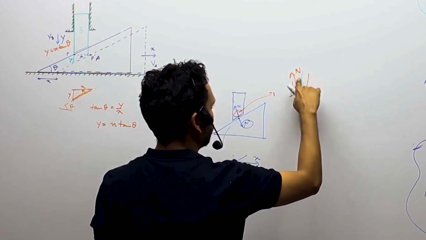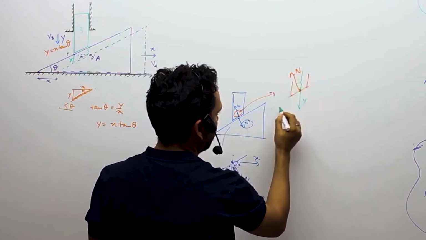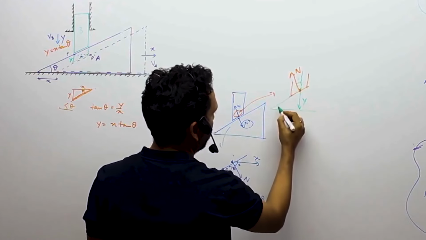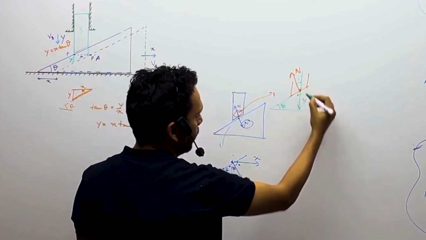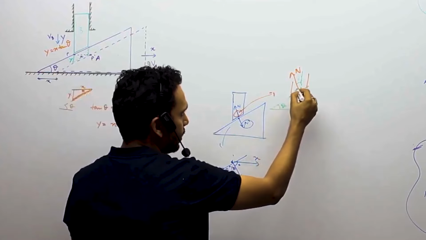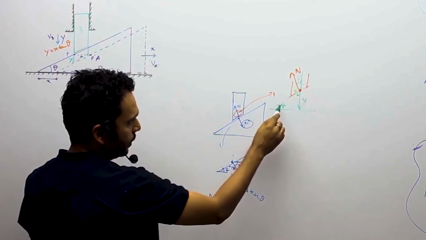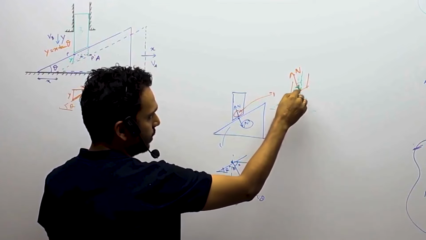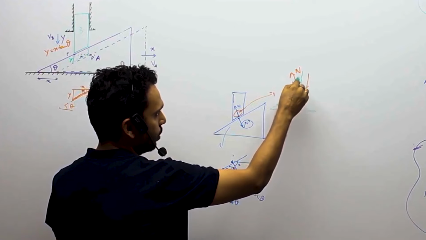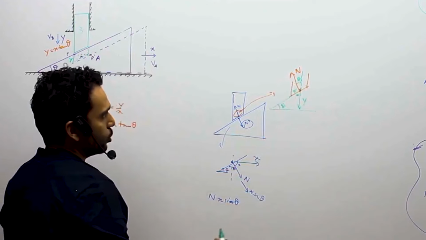How much is that angle? So before writing the angle, let us have it over here. This angle is theta. This angle is 90 minus theta. This angle is 90 degrees. You have theta, so this is a right angle triangle. That's your 90 minus theta. This is your 90 degrees. So this angle must be equal to theta.